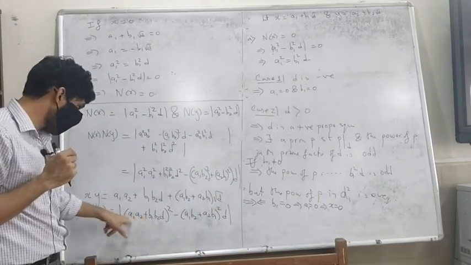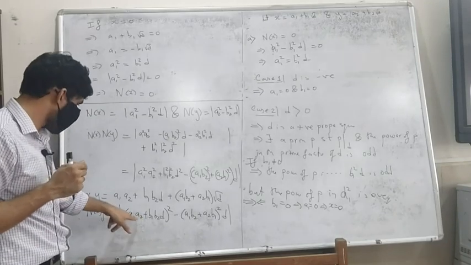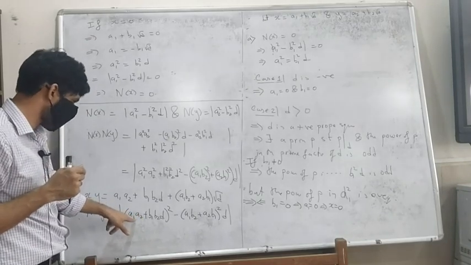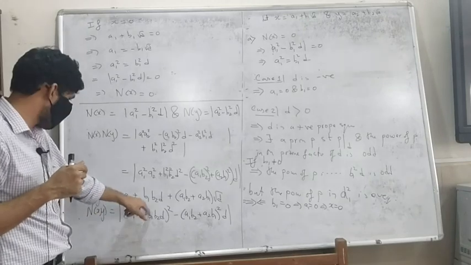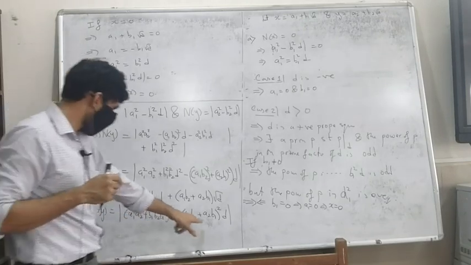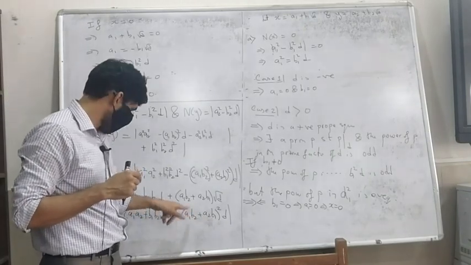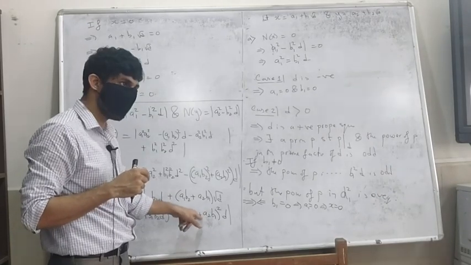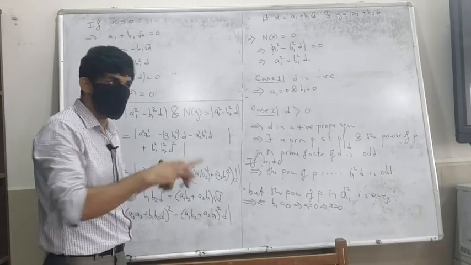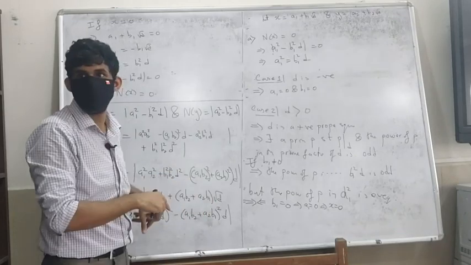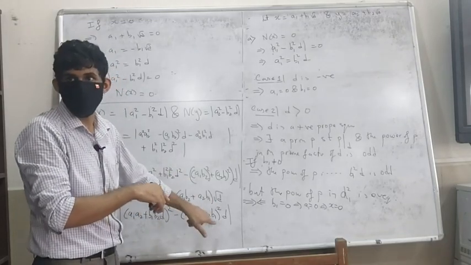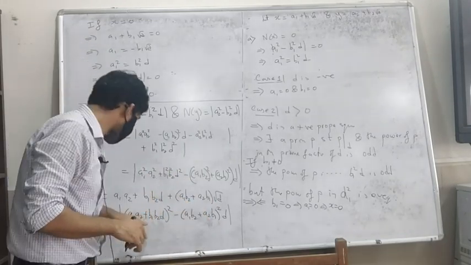What's the middle term over here? 2 times a1 a2 b1 b2 d. What is the middle term here? 2 times a1 a2 b1 b2, and then there's the d outside. So those two middle terms will get cancelled, right?